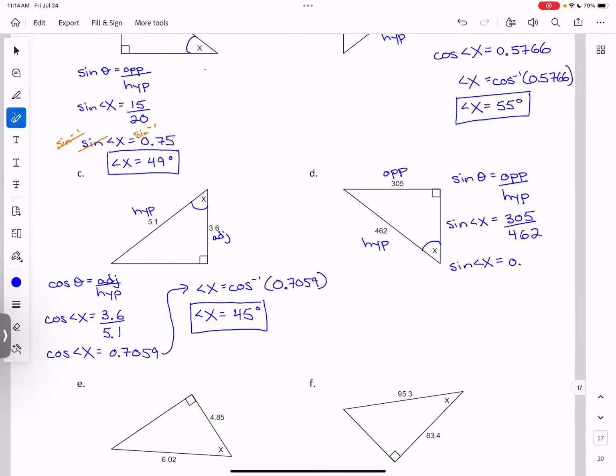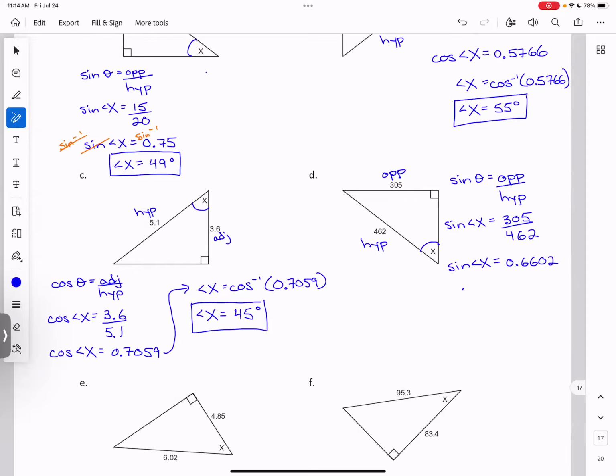So about 0.6602. And so to solve for the angle then, I'm going to take the sine inverse of that ratio. And when I do that, I get 41 degrees.